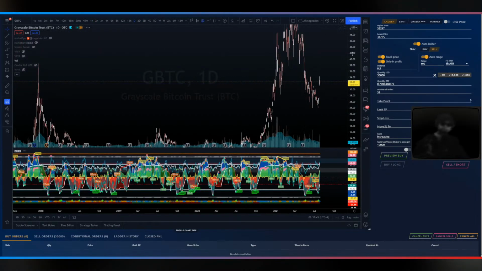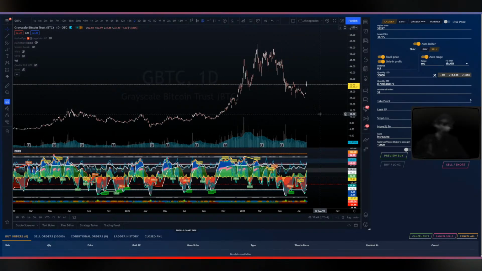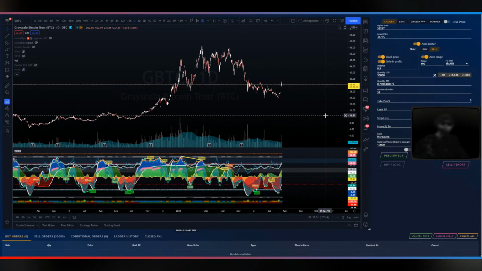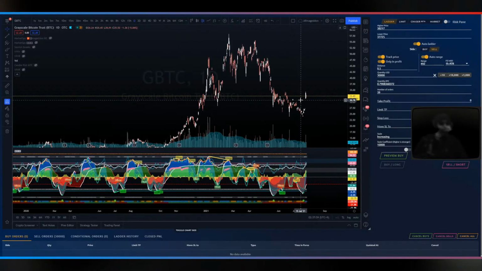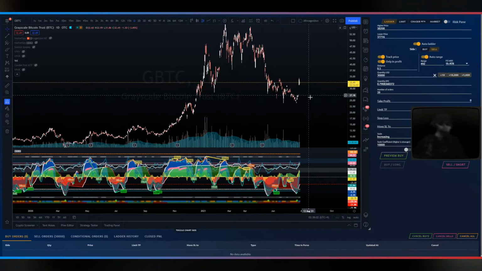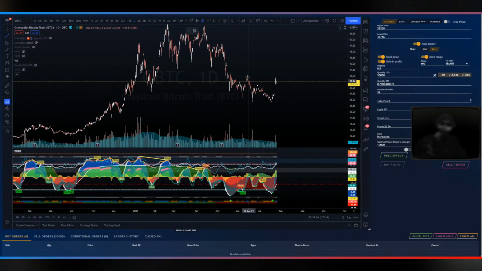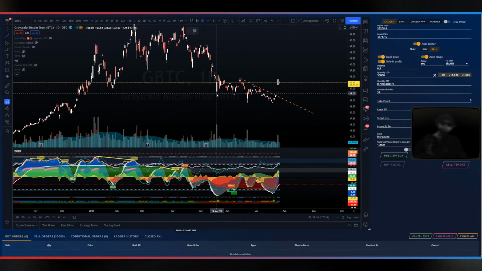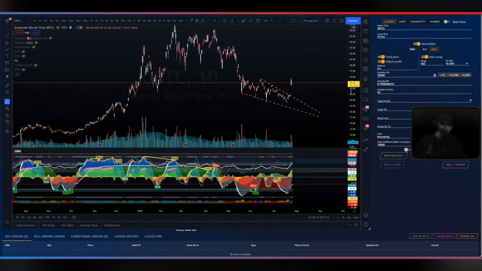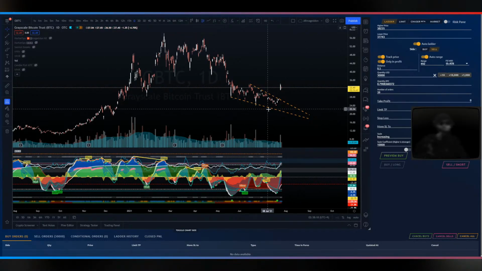Here's what I wanted to show you. I don't know why people are looking at this chart. It's literally identical to actual Bitcoin. But it looks like at these levels, it's actually cheaper to get that exposure to Bitcoin through GBTC if you have access to it. But yeah, we have an impulse like this with a gap of this size.